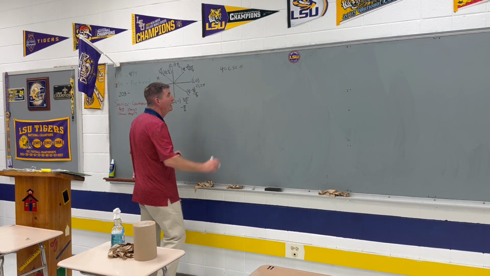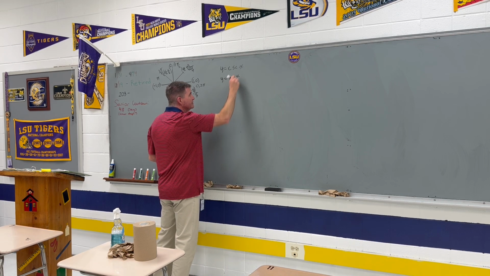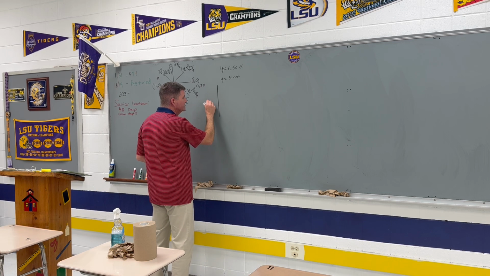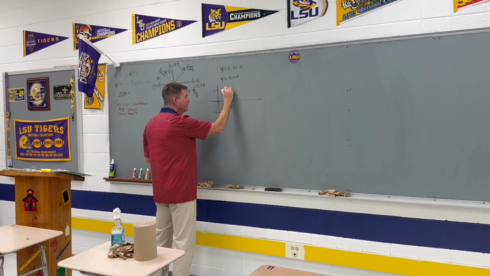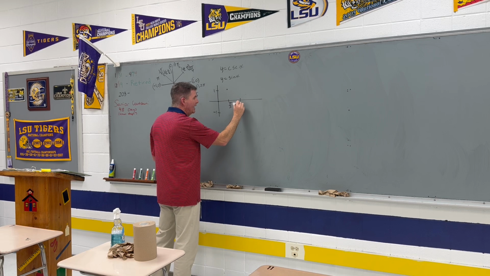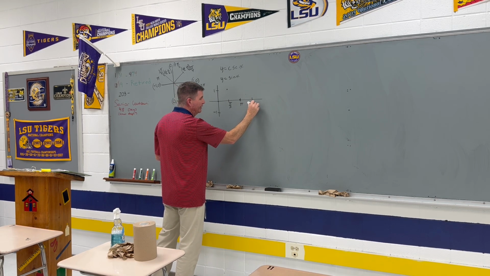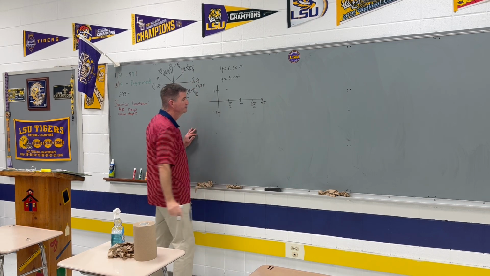So instead of y equals cosecant of x, I'm going to find y equals the sine of x, which in this case we know. Sine of x, we got what? 0, 1, -1. At pi over 2, we come up with a maximum point. At pi, we come back to a 0. At 3 pi over 2, we come down to a minimum point. And then at 2 pi, we're back to a 0.